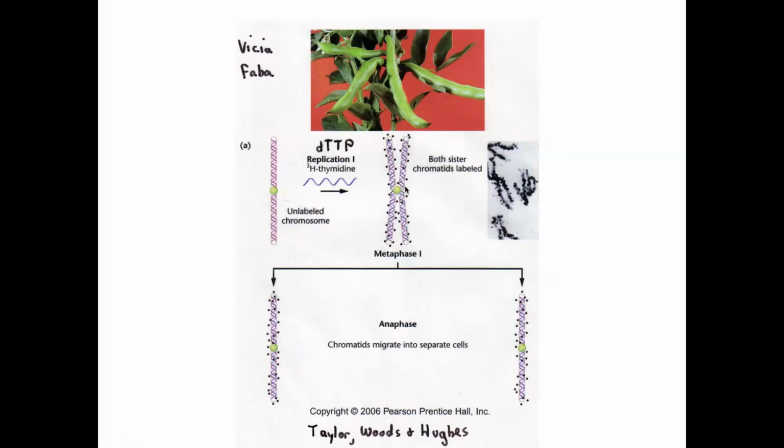Now what they wanted to do is determine the distribution of radioactivity across those two sister chromatids. So you take a liquid film emulsion, place it on the slide above your root tip squashes, let it dry, and then put it away and let it expose for a couple of days. That film emulsion is just like a piece of X-ray film.